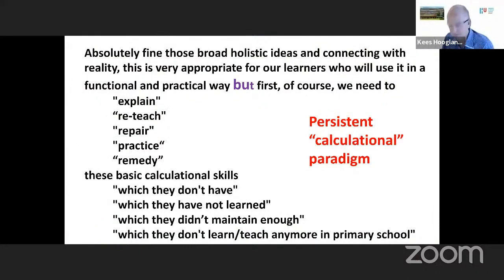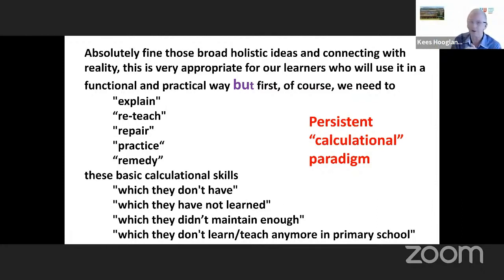When I talk about this kind of thing, and I give a lot of presentations about this in all kinds of countries, there's always one question coming up quite quickly, and it goes a bit like this: "Now, absolutely fine, those broad, holistic ideas and connecting with reality, very appropriate for our learners who use it in a functional and practical way."